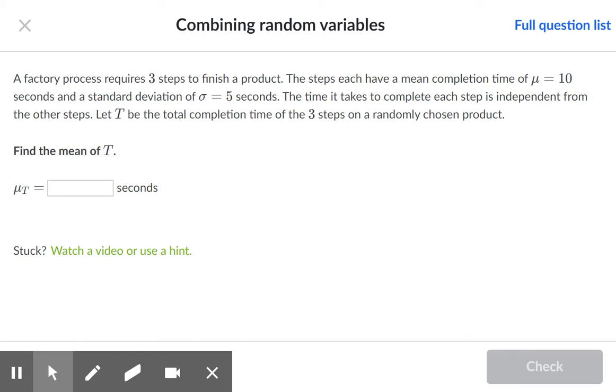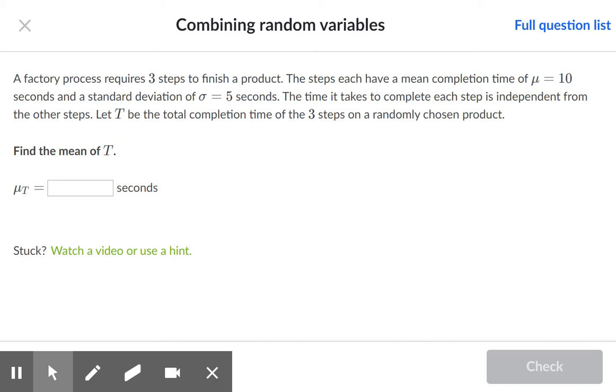So you have T, a random variable, and it has 3 steps: step 1, step 2, step 3.